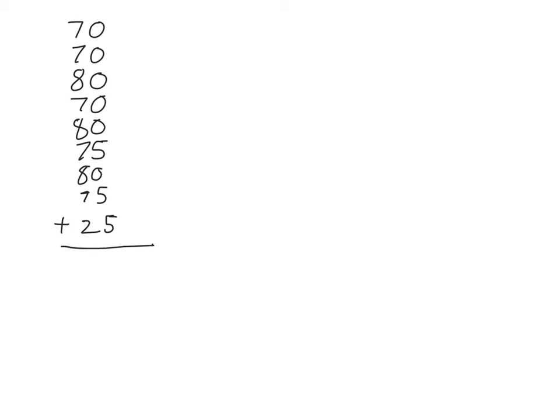If we take the average of that set of data, let's add them all together. We've got 3 70s plus 3 80s, it looks like, plus 2 75s, plus a 25, and that gives us 625 as our total.